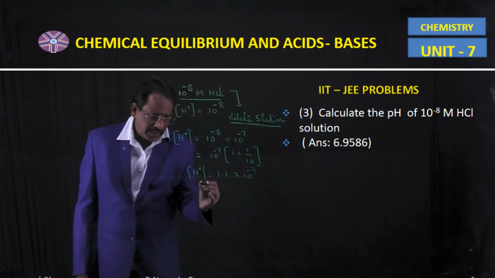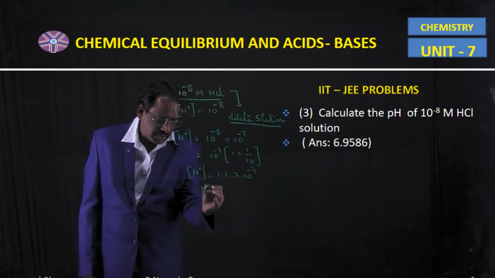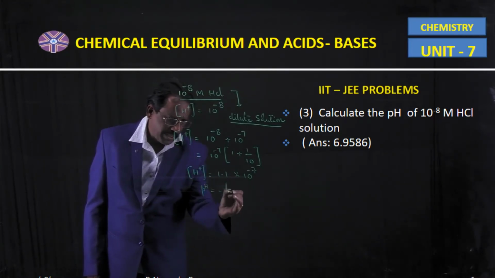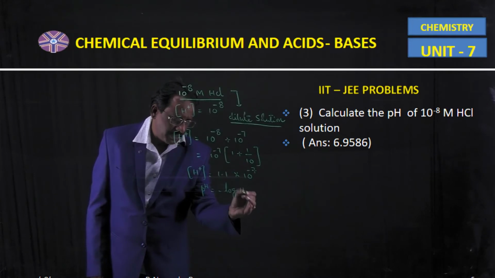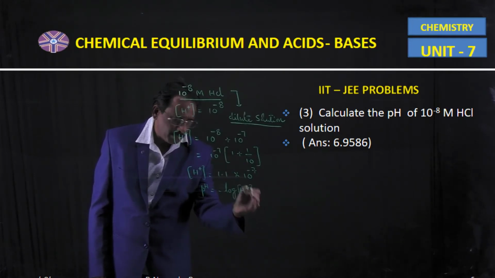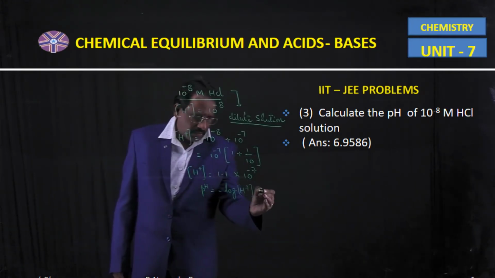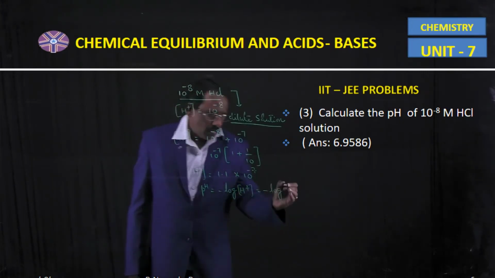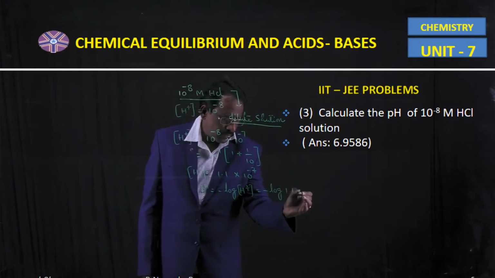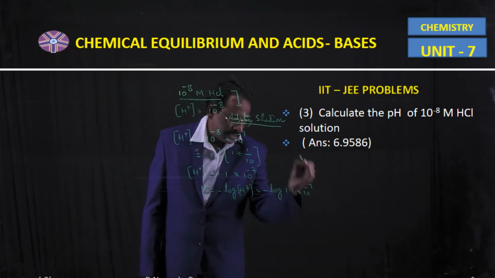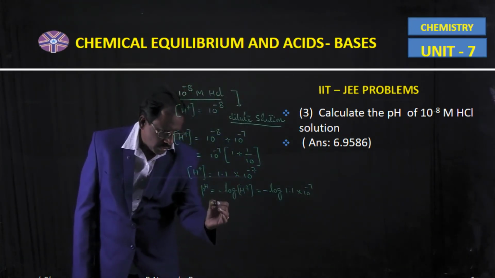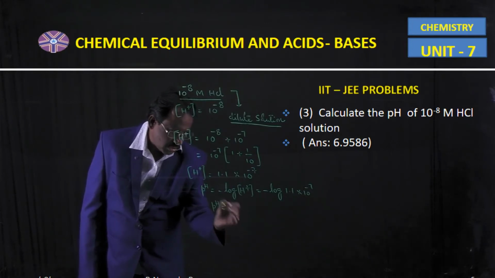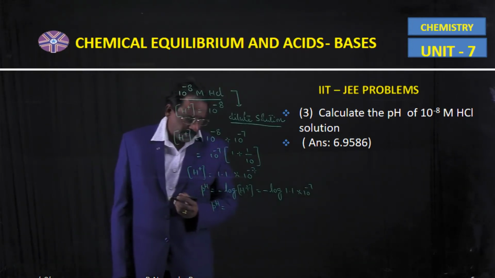Now calculate pH of this solution. Minus log H plus is equal to minus log 1.1 into 10 power minus 7.